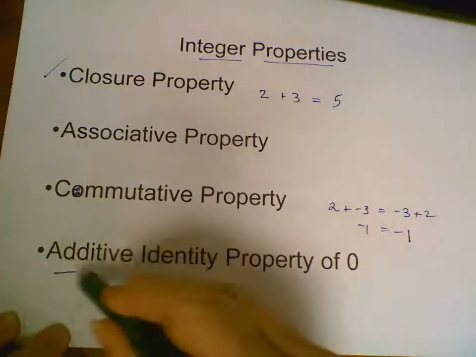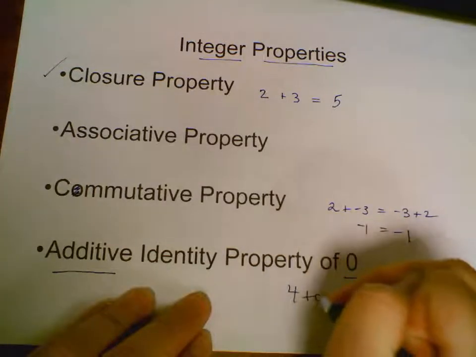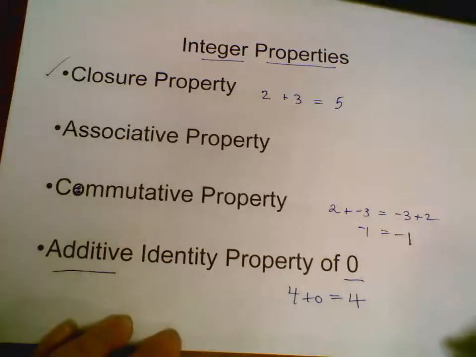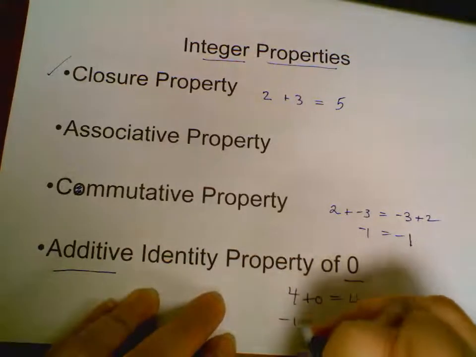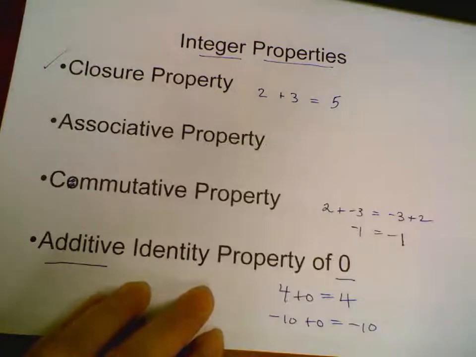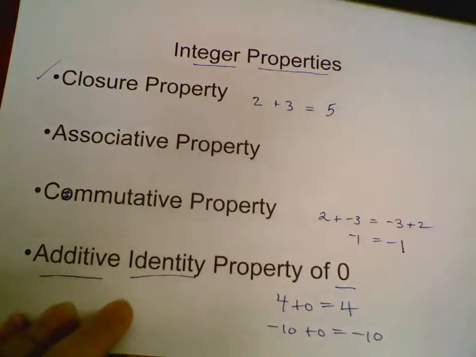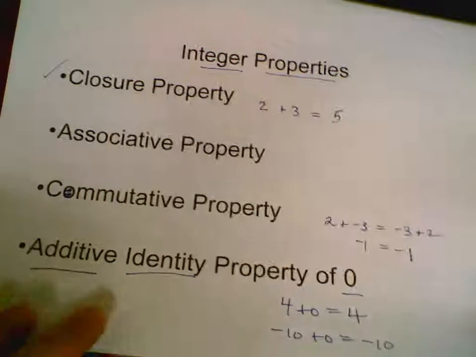What happens when we add 0 to any number? Let's try. We keep that number. Even if it was negative, if we add 0, we retain that number. We retain the identity of the number. That rule is called the additive identity property of 0.